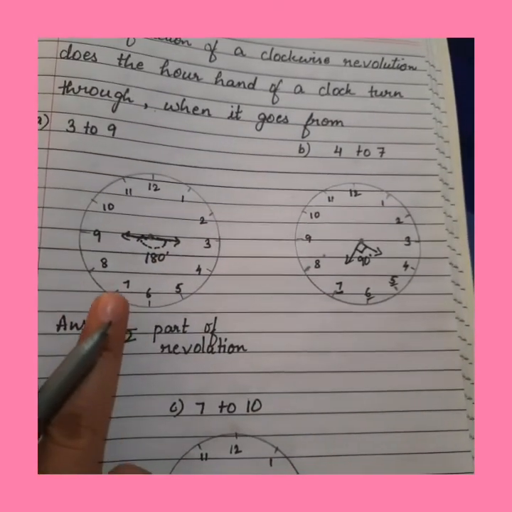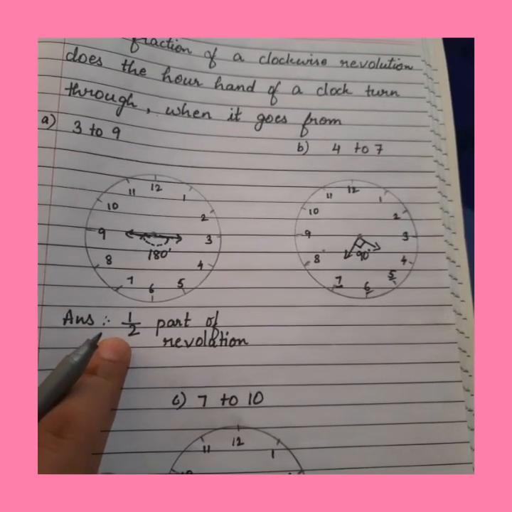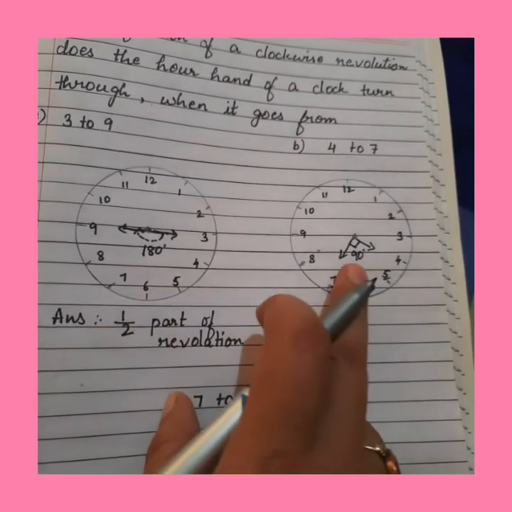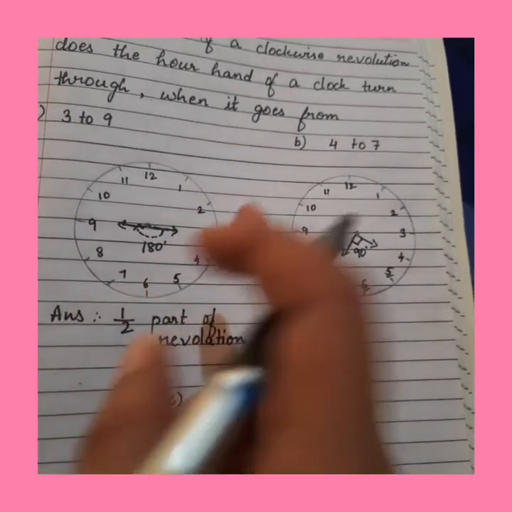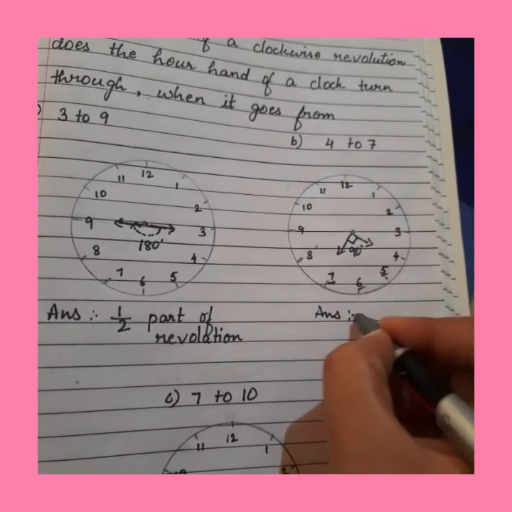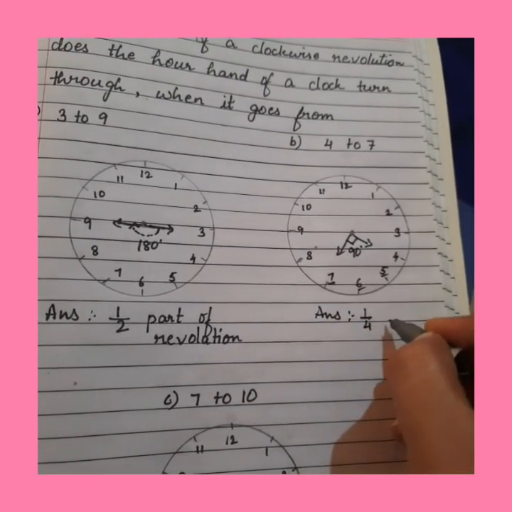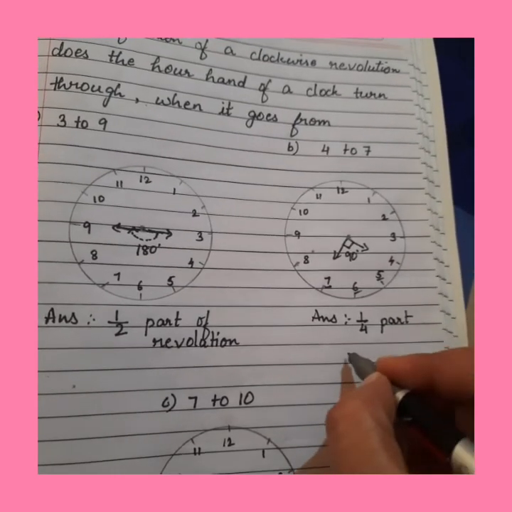So if 180 degrees was half a revolution, 90 is half of 180, so this will be your 1/4 revolution, 1/4 part of a complete revolution.